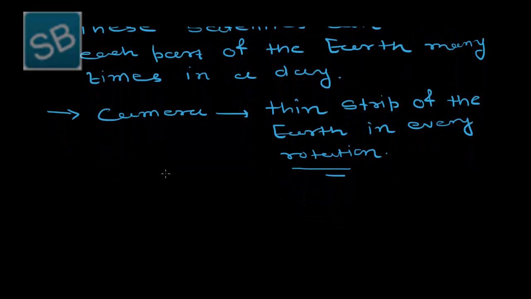So suppose this is one cross section of the earth, and suppose the camera inside the satellite had seen this kind of thin strip in its first rotation, then during its next rotation, it will see the next thin strip. And so it can see the entire earth many times a day.